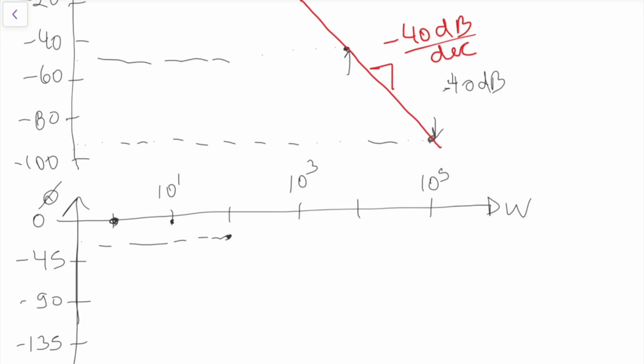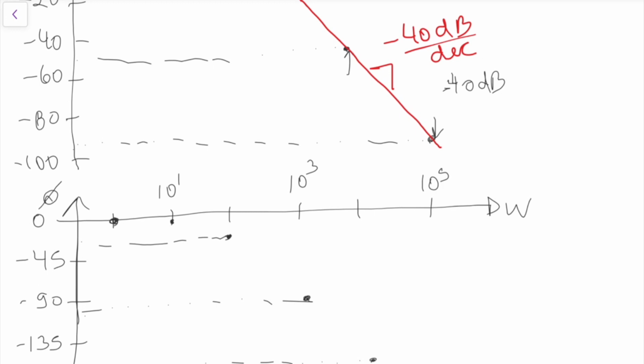Then for 10 to the 3, it's minus 104, so it's a little bit less than minus 90. For 10 to the 4 is minus 170, so it's around here, right? And then for frequencies that are higher than 10 to the 5, it's roughly around minus 179, minus 180 degrees, so it goes all the way here.